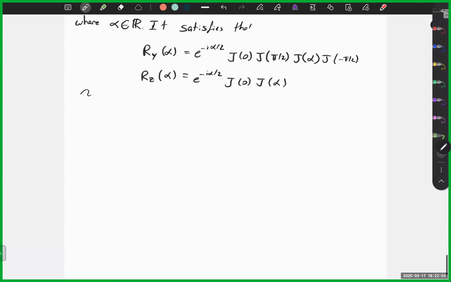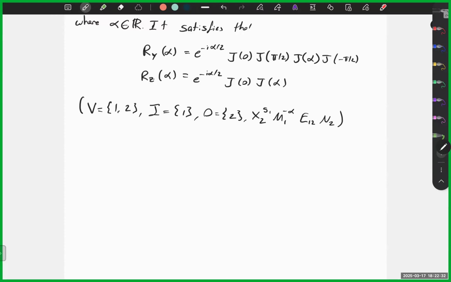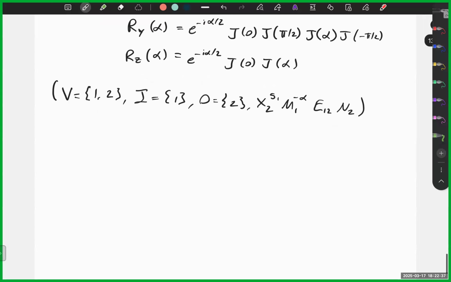So I claim that the following pattern will realize the J alpha, and we're going to do the computations explicitly to demonstrate how patterns work. So X2 S1 M1 minus alpha, and so on.